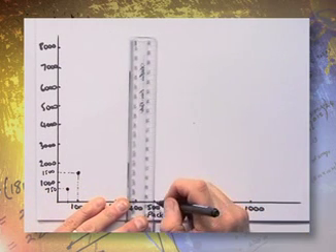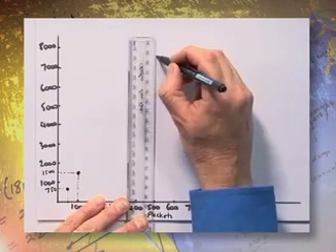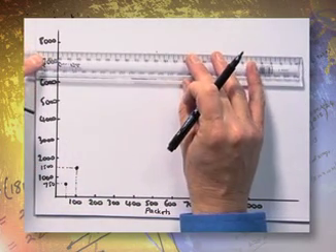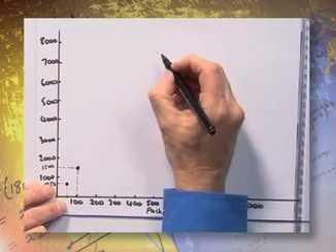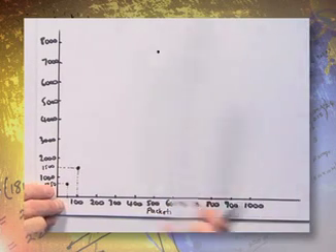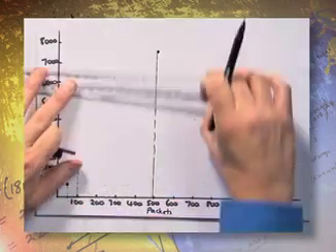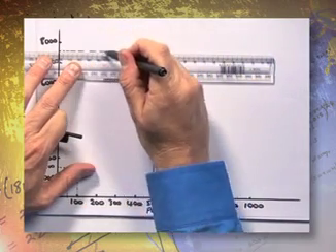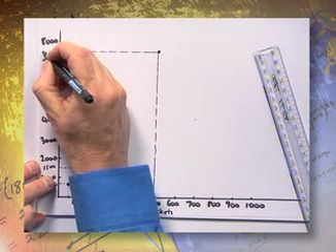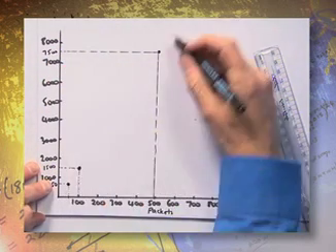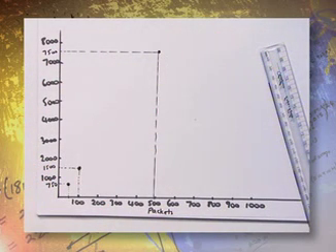We can go all the way up to 7,500, and if we do that fairly accurately, we will have another point there, in line with the 500. A lot of this is estimating. So that's 7,500. Now, of course, we can join those points and get a line.